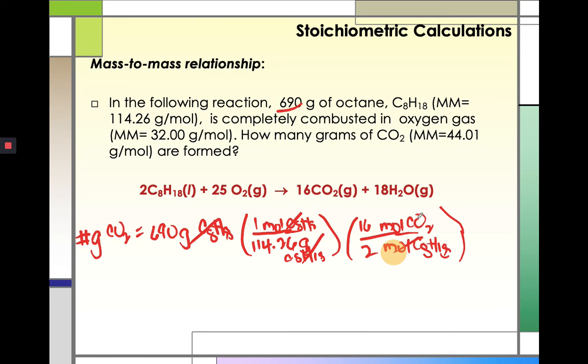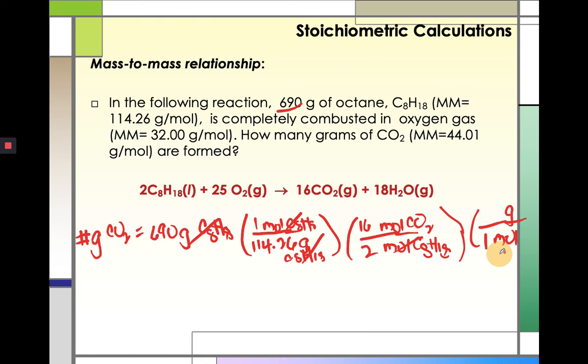Now that we have the number of moles of carbon dioxide and we want grams of carbon dioxide, we add another conversion factor that will give us grams of CO2, and the moles of CO2 will be cancelled out. What quantity do you think we are using? This should be our molar mass.